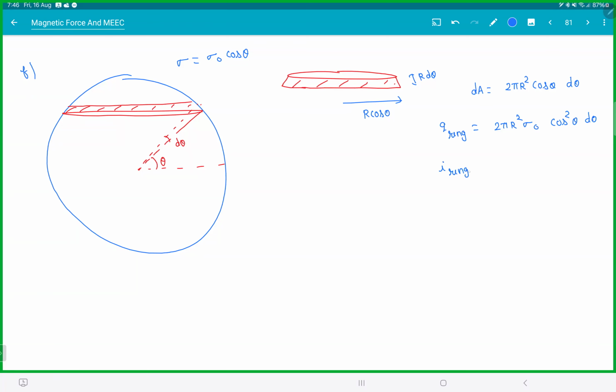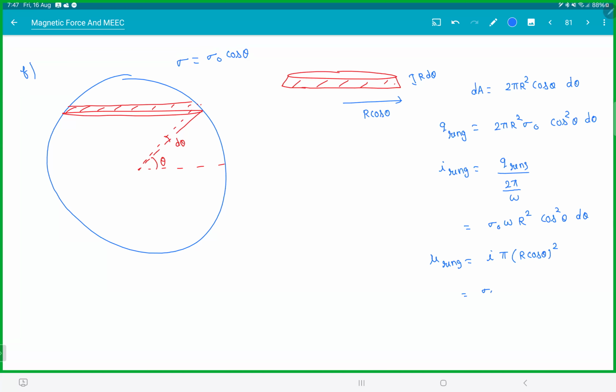Then the current on the ring will be q of the ring by 2 pi by omega. 2 pi will cancel, sigma naught omega r square cos square theta d theta. Then mu of the ring will be I of the ring into pi into radius square again.